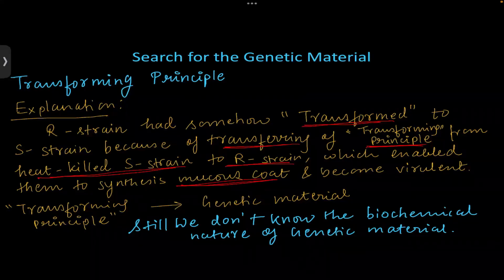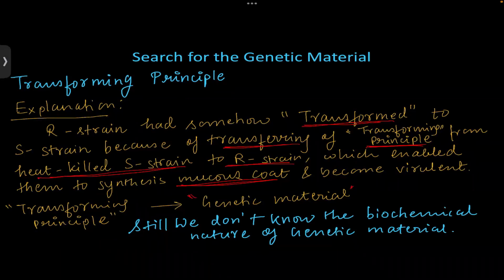So he said this transforming principle that is getting transferred from the dead S strain bacteria to live R strain bacteria is the genetic material. Because of the transfer of genetic material, the R strain bacteria lost its original identity and became S strain bacteria.